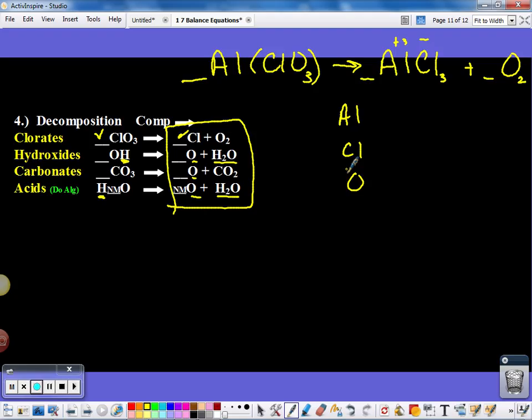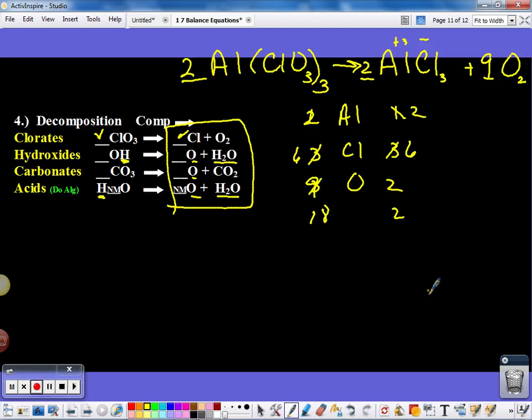Over here I have 1, and I have 1, over here I have 3, and I have 3, and over here I have 3, and I have 2, an odd-even thing going on. Double the first thing you did: 2, 2, 6, 6. Whoops, I forgot to put my 3 right there. Now I had 9 and 2, so now I've got 18 and I have 2, so I need a 9 right here.